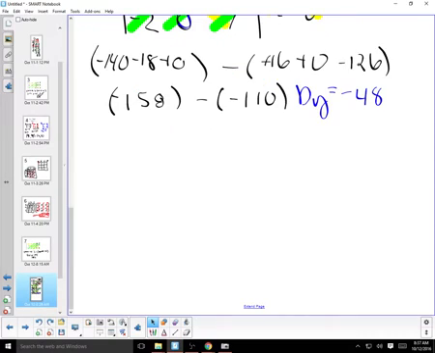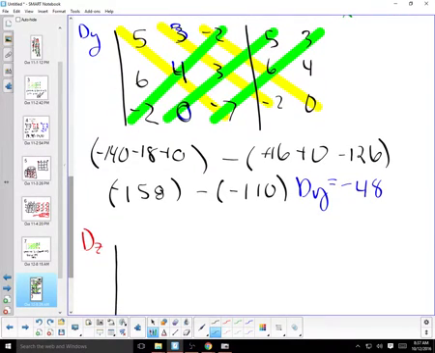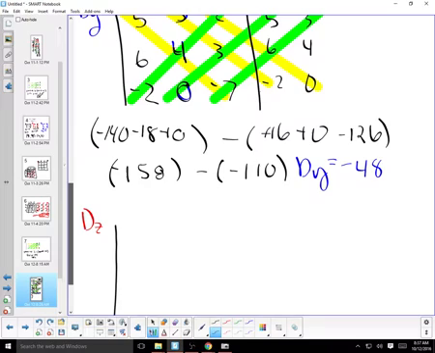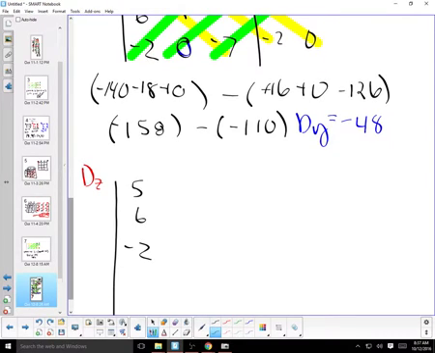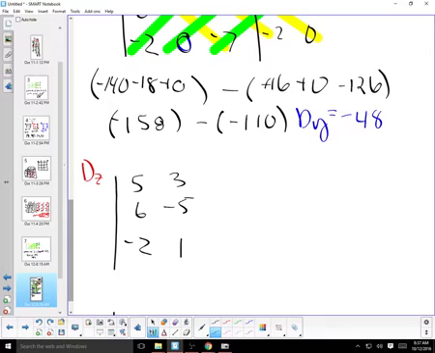Finally, d sub z. 5, 6, negative 2. Who has the original? It's 3, negative 3, negative 5, 1? Yeah. And then we're going to plug in answers, or so-called answers, 3, 4, 0 in the last column.